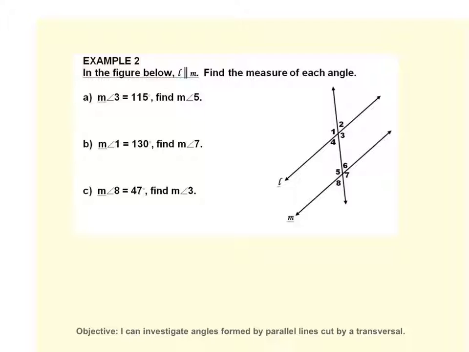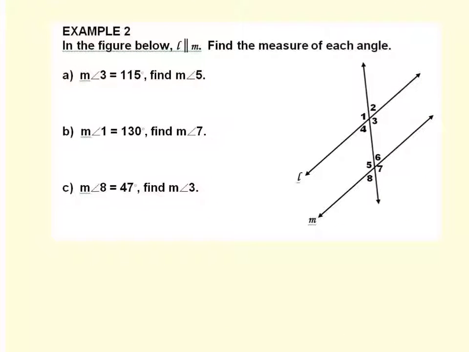So, for example 2, they tell us that L and M are parallel, which just means this is looking like everything else we've seen so far. Find the measures. So they tell me angle 3 is 115. Find angle 5. So I need to figure out how these are related. So angle 3 and angle 5 are alternating between the transversal.